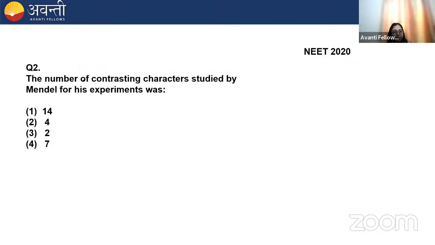Moving next is question number 2. The number of contrasting characters studied by Mendel for his experiment was. They're asking about the number of contrasting characters.